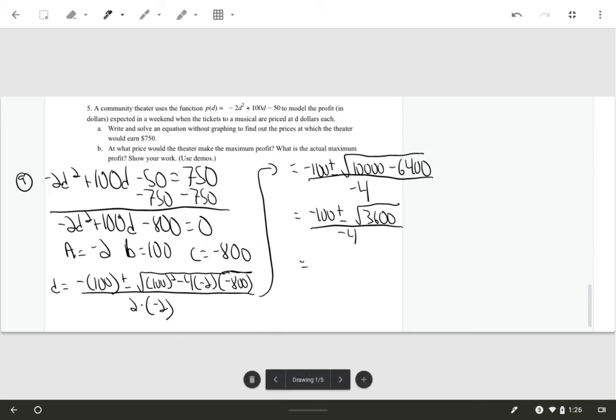And if you need to, use a calculator. But the square root of 3,600 is actually 60. So I end up with negative 100 plus and minus 60 divided by negative 4. So let's calculate this real quick.